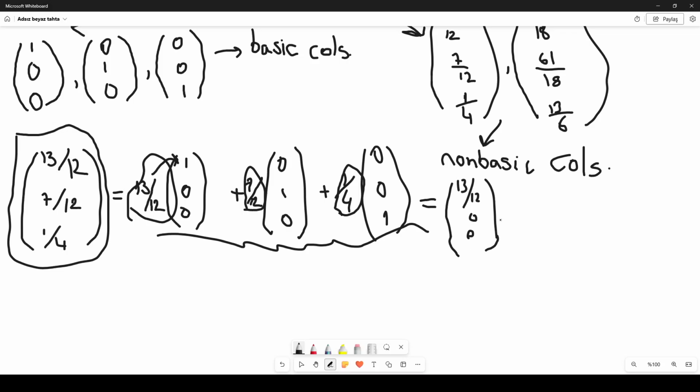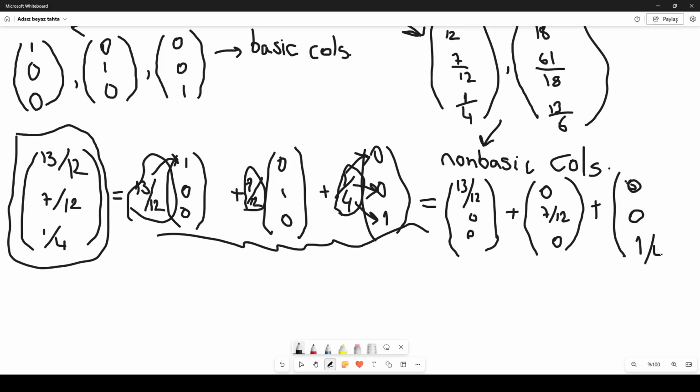Multiplying by 7/12, we got 0, 7/12, and 0. And multiplying by 1/4, I multiply 1/4 by all entries: 1/4 times 0 is equal to 0, so the first two values are 0, and 1/4 times 1 is 1/4.